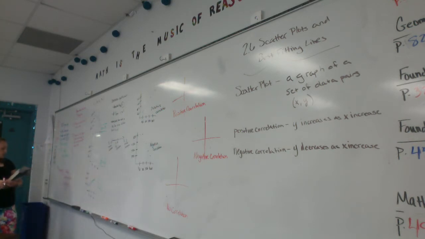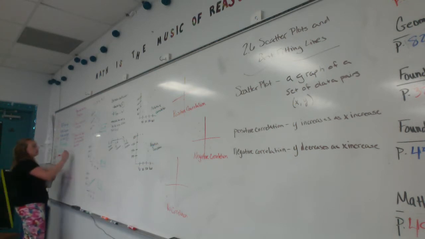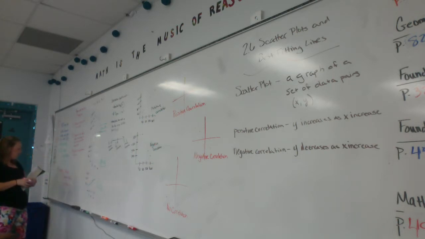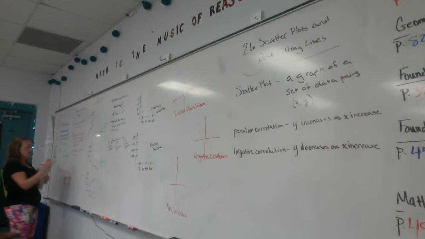Part 3, choose 2 points on the line that pass through the 2 points from step 2, and estimate the coordinates of each point.